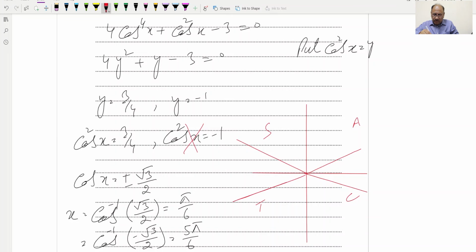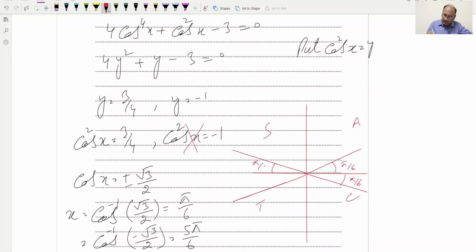If I try to draw it exactly, it will be like this. So this will be pi by 6, and this is minus pi by 6 on the negative side.